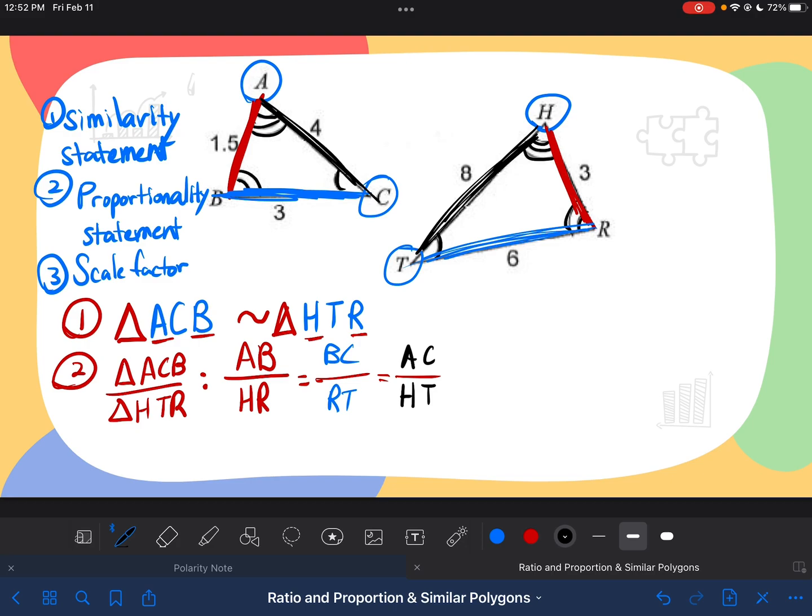Now, there's two ways to do so. One way is this. Another way you can write this down is when you put triangle HTR on the top and triangle ACB on the bottom, which is basically the same thing. All that's happening is that the denominator will change to a numerator.